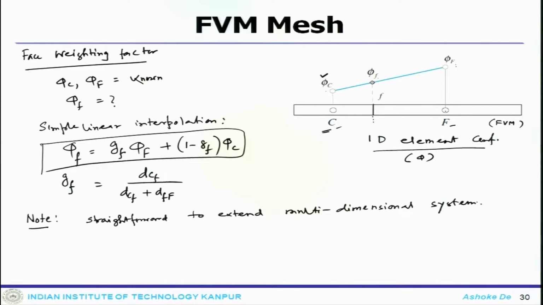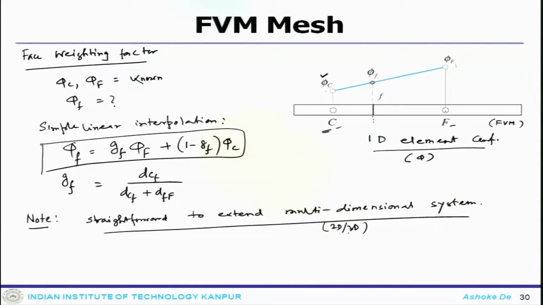That means this one dimensional linear interpolation cannot be straightaway extended to 2D or 3D systems, because 2D and 3D systems are a bit more complicated and involved, whereas this case is much simpler.